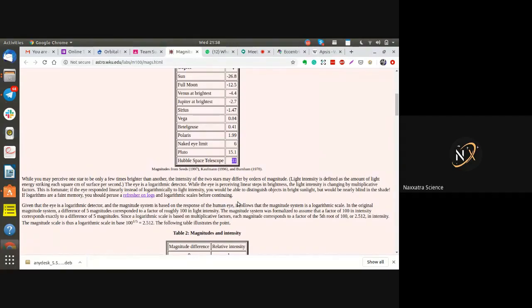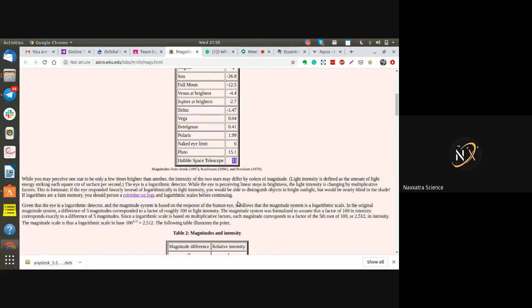In the next class, I'll try to have a nice chart where I can define it better. So we'll go into magnitudes more and distance measurement more. But the reason the magnitude scale is logarithmic is because our vision is logarithmic. When we perceive brightness, imagine if your perception of something increased 1,000-fold when its brightness increased 1,000-fold.